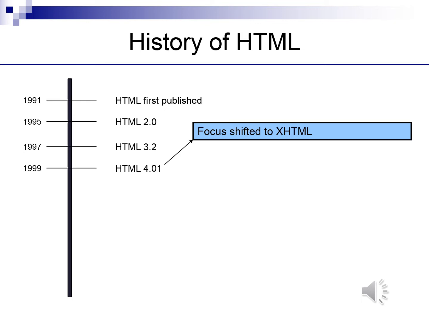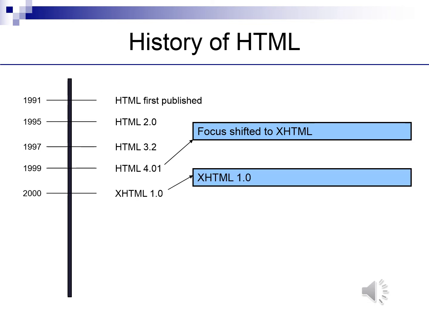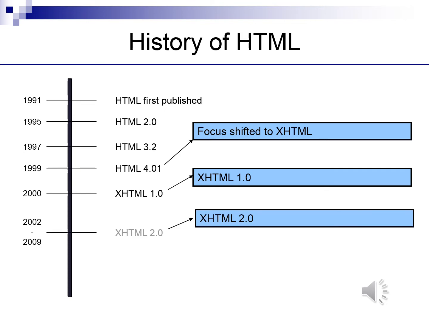After HTML 4.1 was released in the year 1999, focus shifted to XHTML and its stricter standards. XHTML 1.0 was finally released in the year 2000.